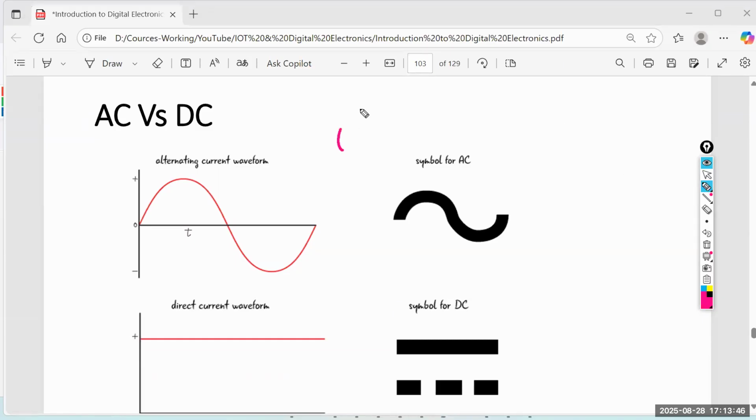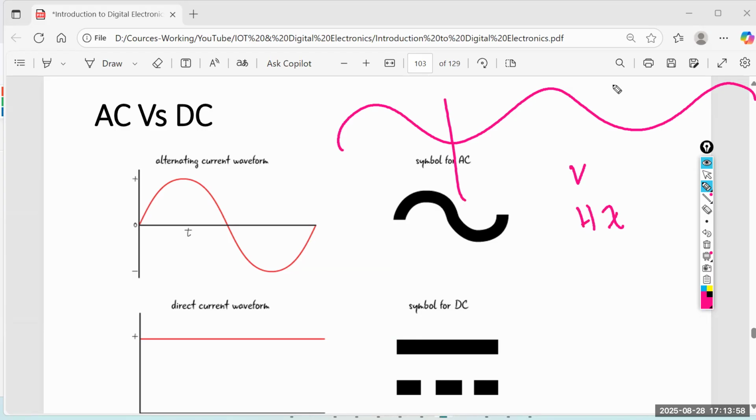So current is an electric signal like this, right? Electric signal like this with specific voltage and specific hertz. Hertz is how many cycles per second. I think in Sri Lanka it is 50 hertz and 220 volts.